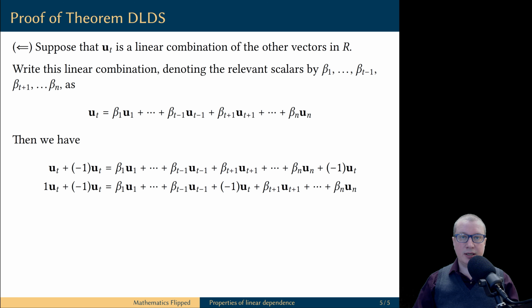On the left-hand side, I am using the property of vectors that a vector is equal to its scalar multiple by the scalar 1, and on the right-hand side, I'm going to use the commutative property of vector addition to move the newly added vector into its proper position in the linear combination of all the vectors from the set R. Next, on the left-hand side, we are going to use the distributive property of vector operations.